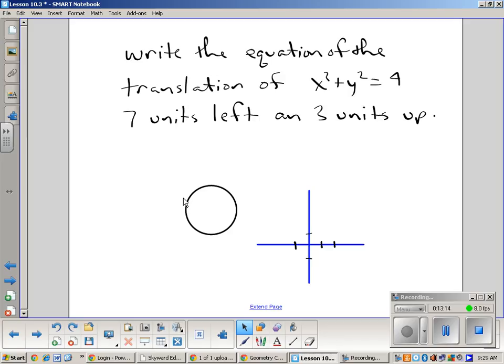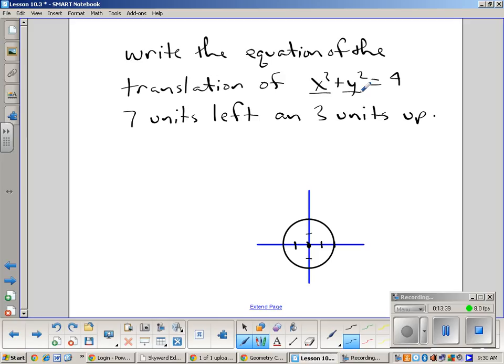So if I did that, first of all, what's my center in this one? 0, 0. That's correct. And you'll notice my x minus and y minus, there's nothing there. It's just x and y, so it's x minus 0 squared and y minus 0 squared.